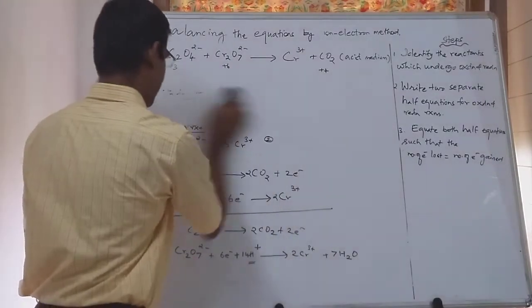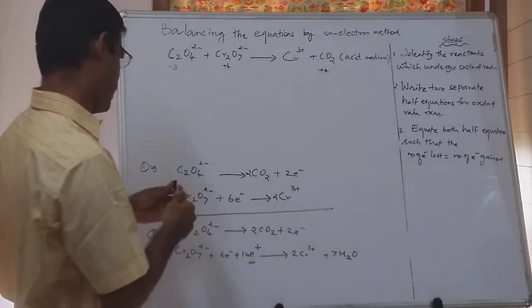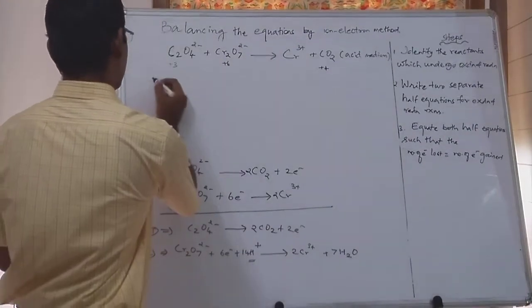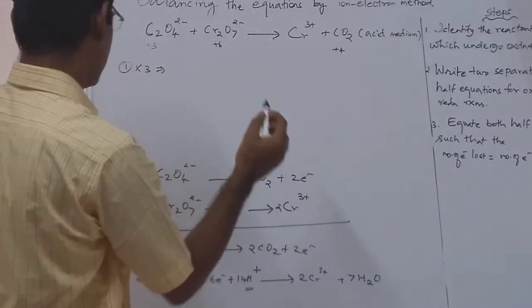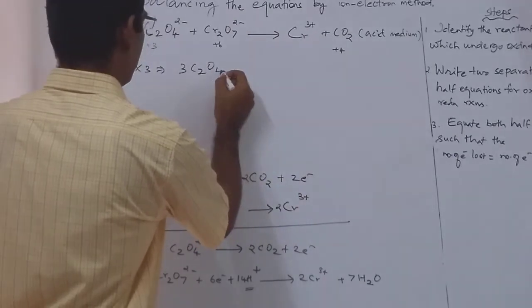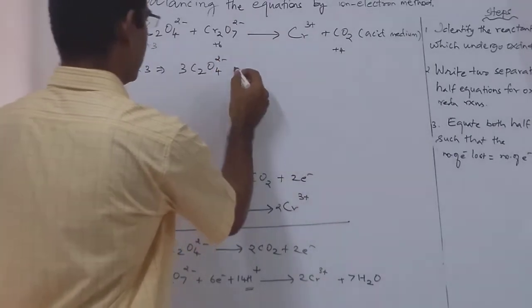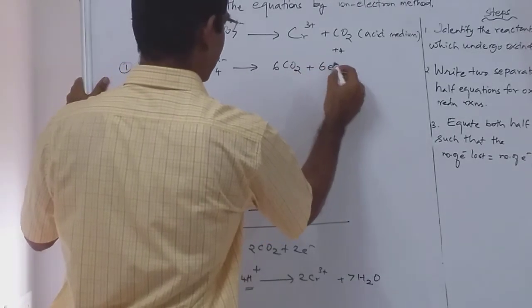இப்போ என்ன பண்றேன், you see, equation 1 is multiplied by 3. So என்ன ஆயிரும்னா, 3C2O4 2 minus, this will give you 6CO2 plus 6 electron. Okay va?